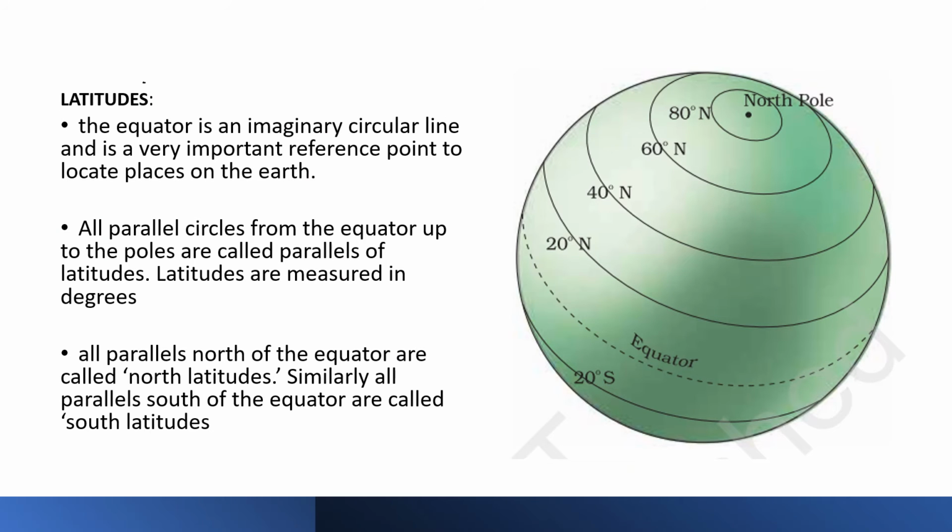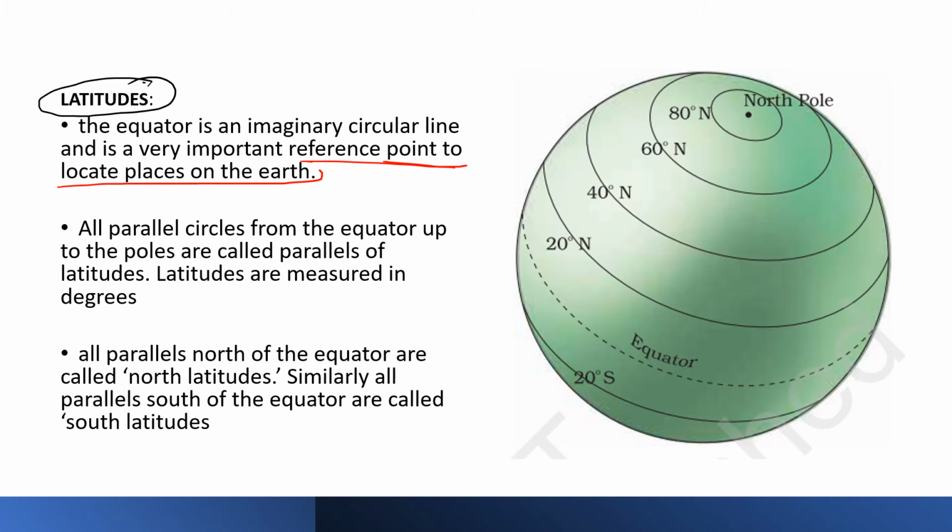So what are latitudes? You just need to understand what latitudes are. The equator is an imaginary circular line and is a very important reference point to locate places on the earth. To locate a place, the main thing is how we can locate a point.